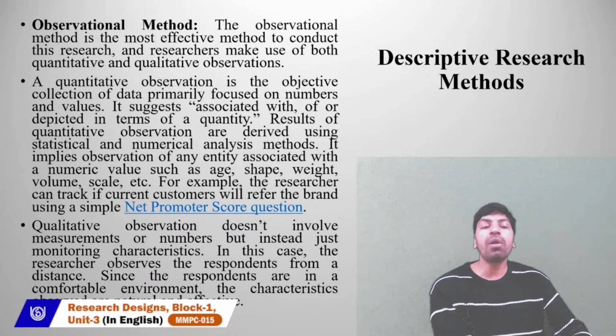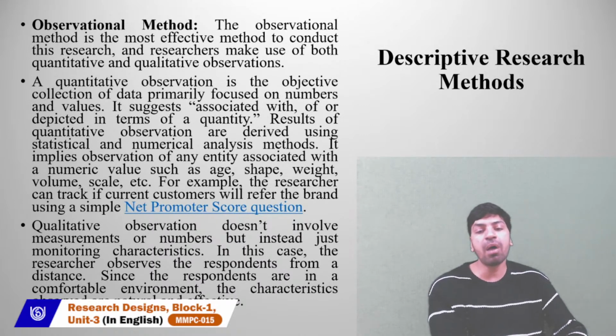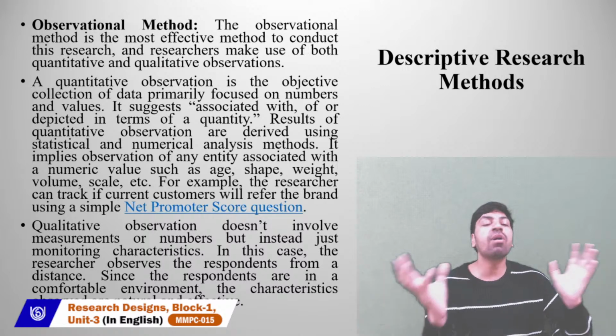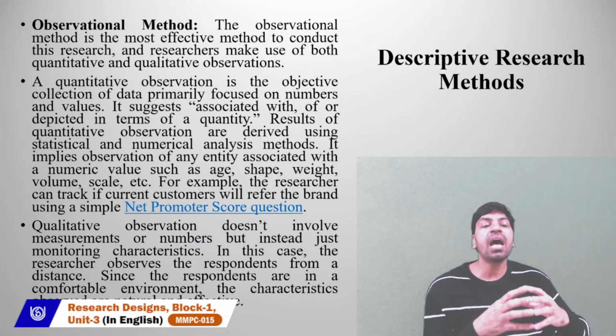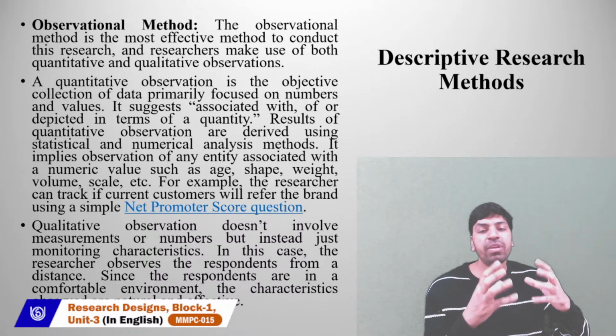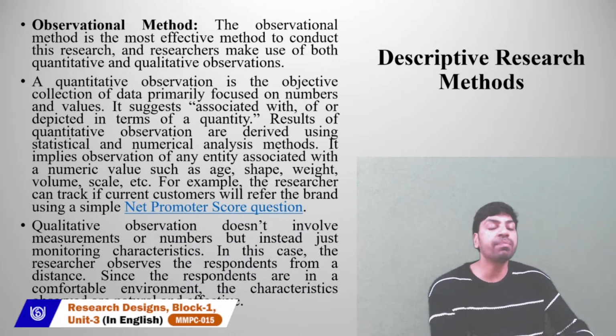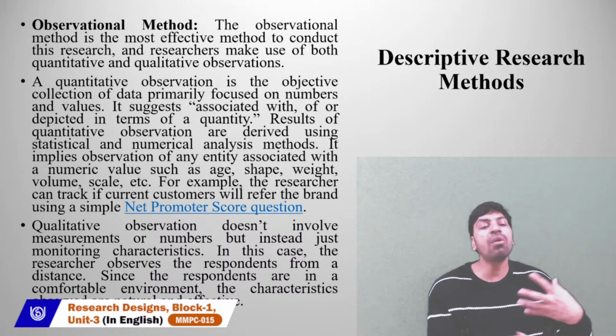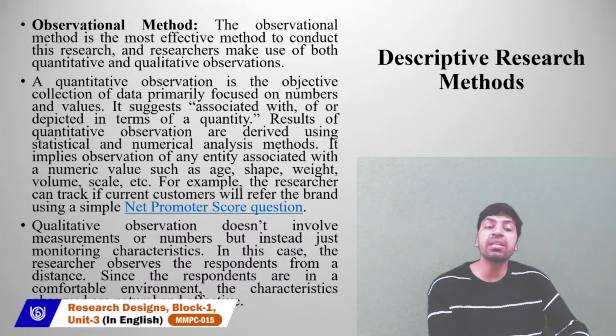Next, qualitative observation does not involve any measurements or numbers. We just monitor the characteristics of the population. Let's talk about the healthy environment of an organization, or how natural calamities affect the lives of people. This is how we talk about qualitative observation.